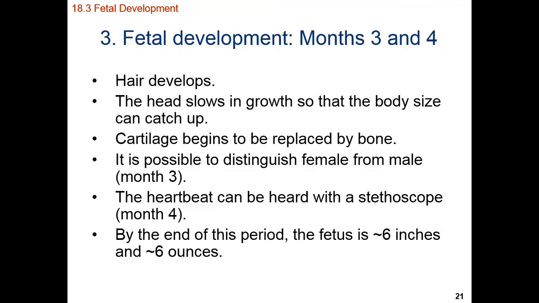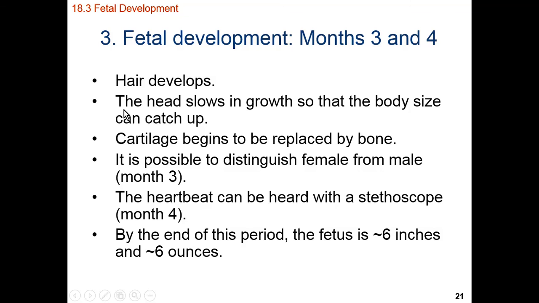Between months 3 and 4 after fertilization, hair starts to develop. The head will slow down in growth so that the rest of the body can catch up, and we're going to see endochondral ossification occurring, so that the precursor cartilage skeleton is now starting to be replaced by compact bone and spongy bone tissue.